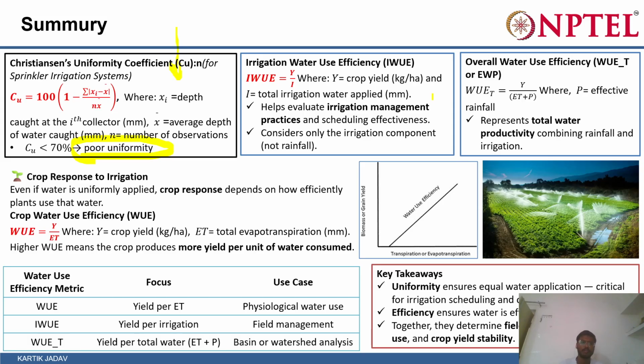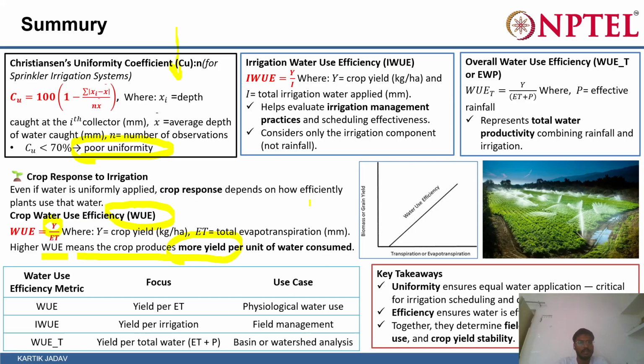The first one is crop water use efficiency, or generally just water use efficiency, to check how the crop is responding to the applied amount of water. It is the ratio of yield divided by the total water lost to evapotranspiration. So higher water use efficiency means the crop produces more yield per water consumed, right?